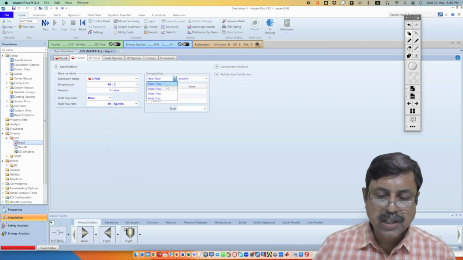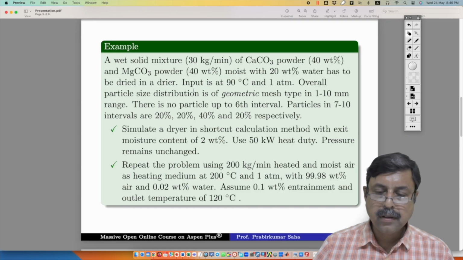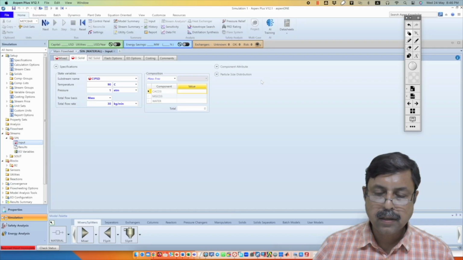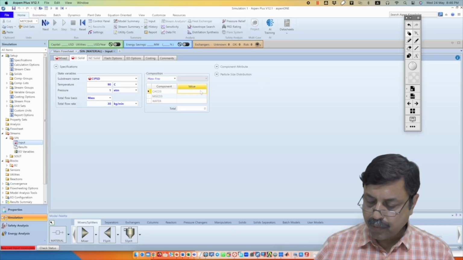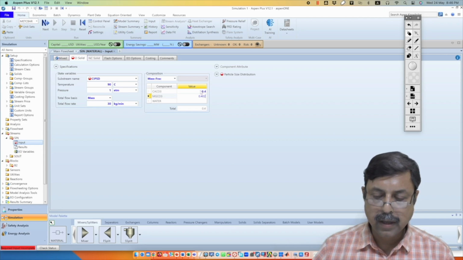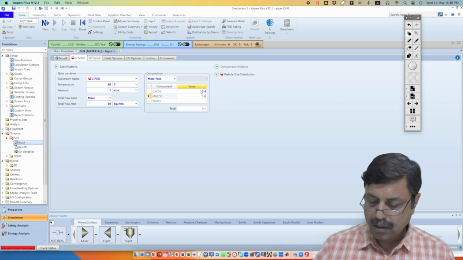And the mass fractions are 40, 40, 20. So it is 0.4, 0.4 and 0.2.